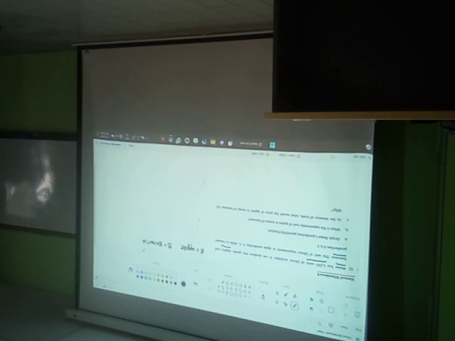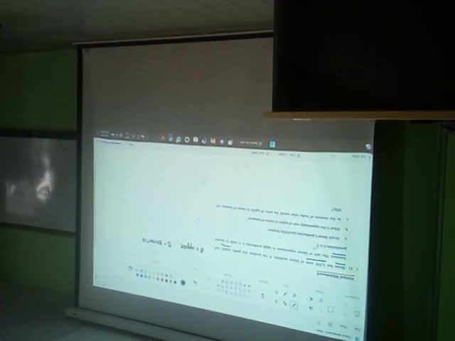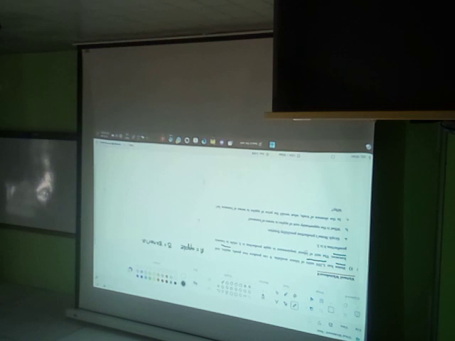Can I erase this already? How did you label the axis of the graph, as capital L over small l? You mean the axis here in the graph, the x and y?